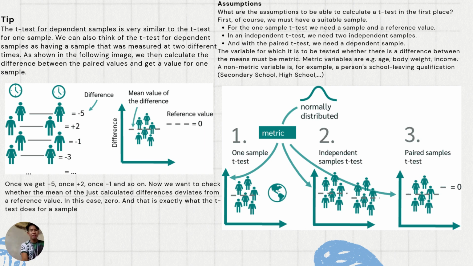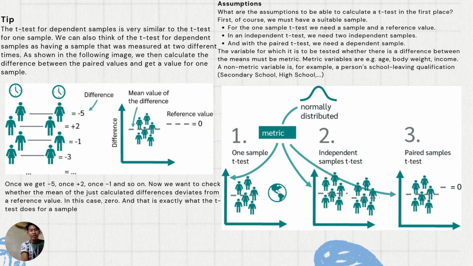Next are the assumptions. What are the assumptions to be able to calculate a test in the first place? First, of course, we must have a suitable sample. For the one sample t-test, we need a sample and a reference value. In an independent t-test, we need two independent samples.